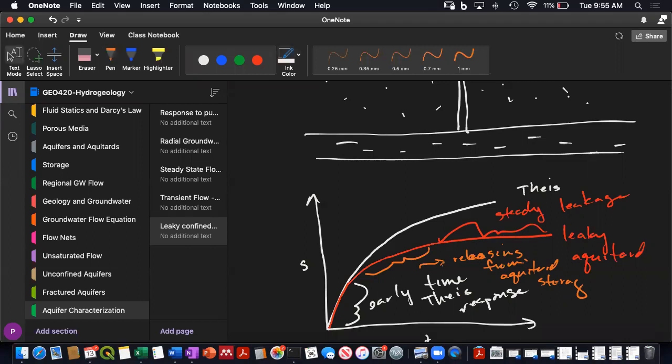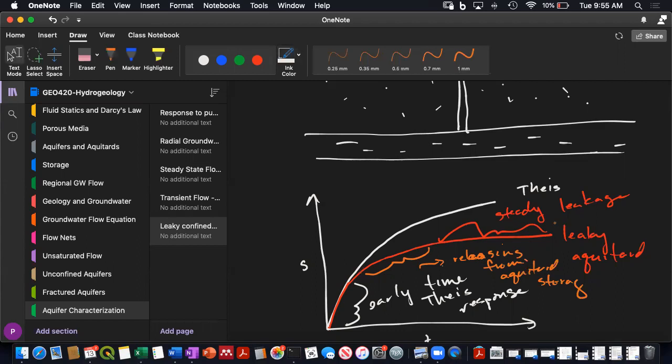So in general, when I've looked in our past pump tests at Lolo, we often see, when we try and throw the type curve on it, this kind of response where we get a very early time Theis response and then the drawdown really planes off.